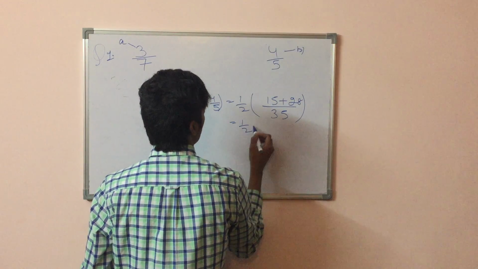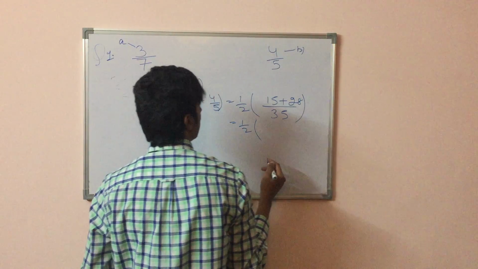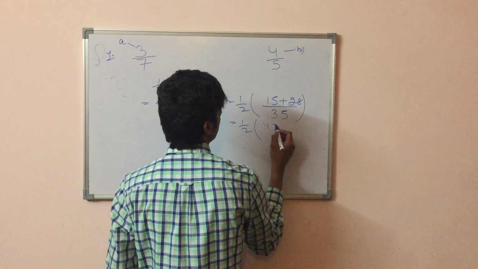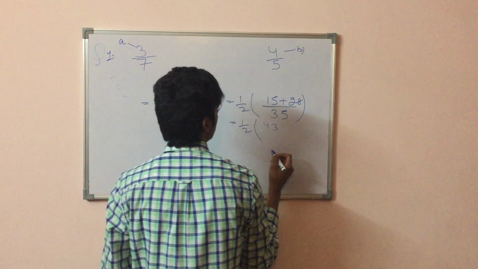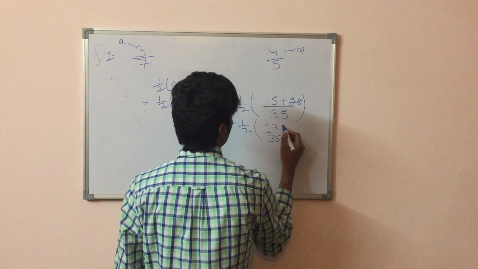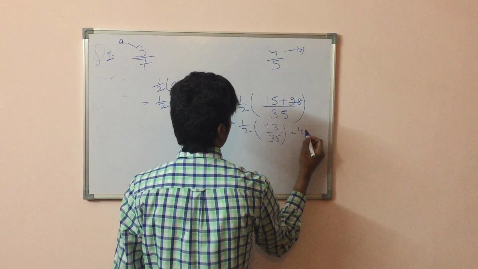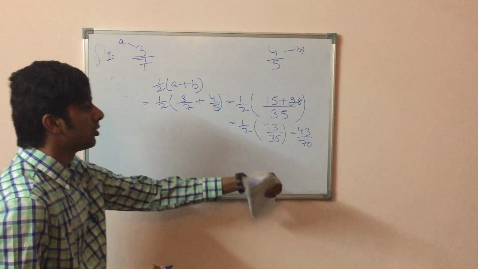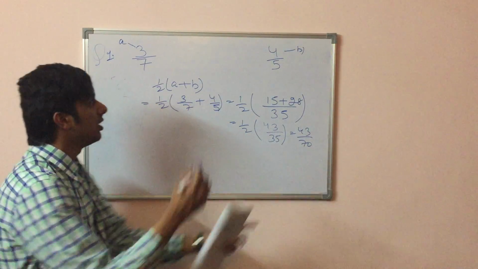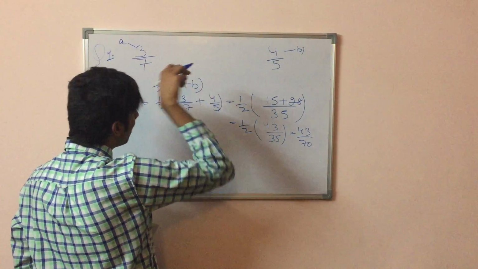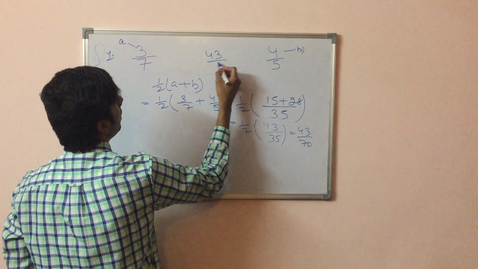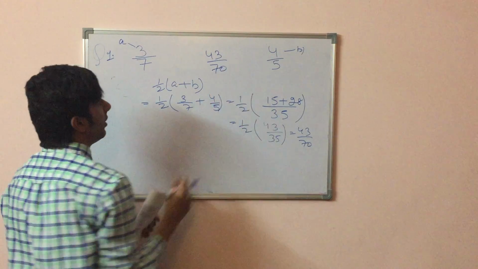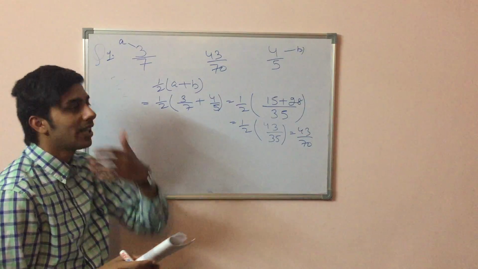So it will be 43 upon 70. So 43 upon 70 will lie between these two numbers, right? 43 upon 70 is also a rational number.